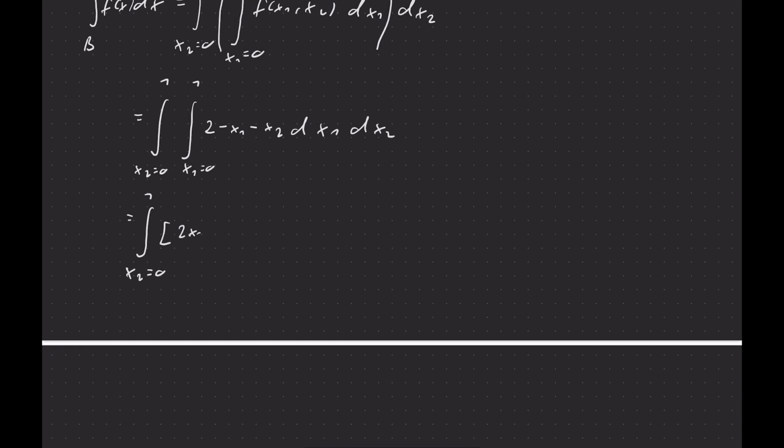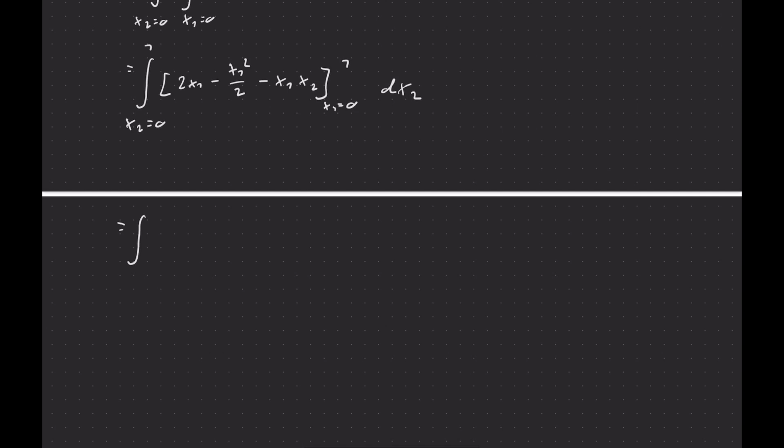Now that is 2x1 minus x1 squared over 2 minus x1 x2, evaluated from 0 to 1. And we'll have to integrate the result once more with respect to x2.